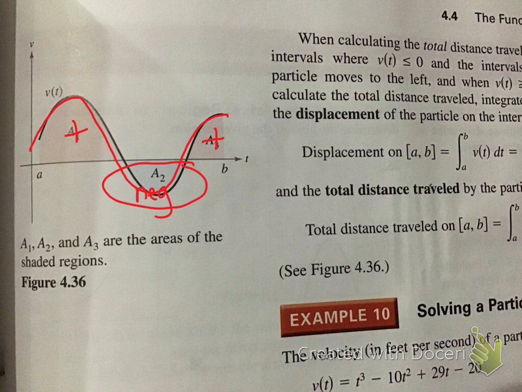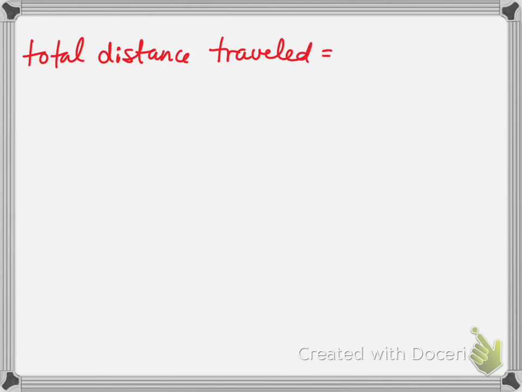So two different ideas here. The total distance traveled would be the path traveled.